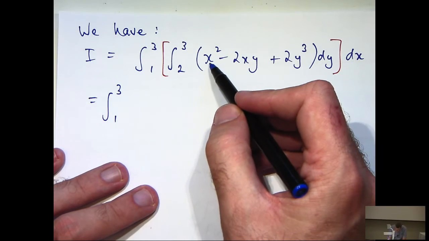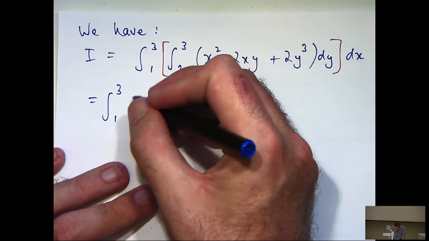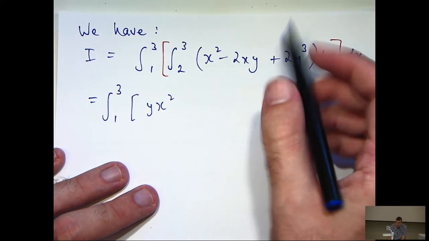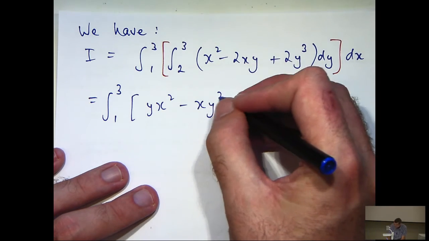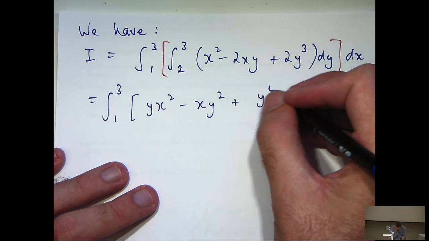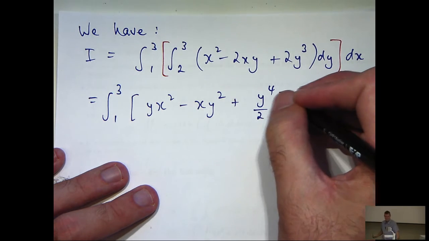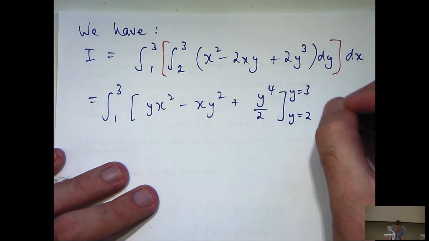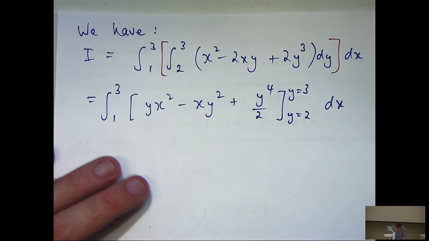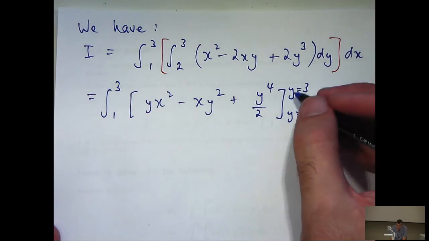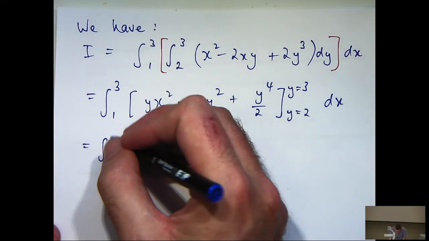So x squared will become y x squared, minus 2xy will become minus x y squared, and 2y cubed will become y to the fourth on 2. And because it's a definite integral, we have to remember to make the appropriate substitutions for the limits of integration. So now we sub in for y equals 3 and y equals 2.